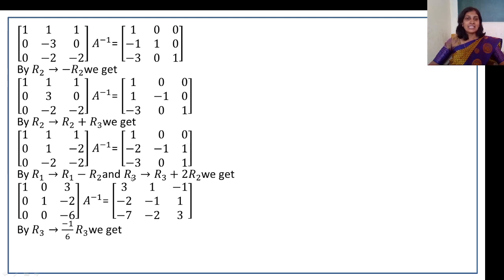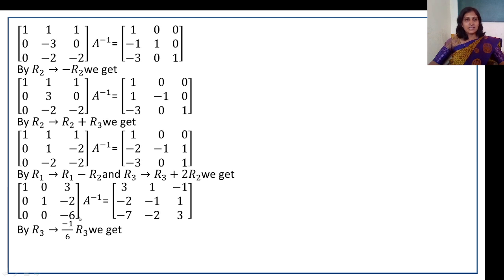Now what is R3? R3 is R3 plus 2R1. R3 is minus 2 into 2R2, that is minus 2 2 0, minus 2, and here is plus 4, that is minus 2, here is minus 4, that is minus 6. Then minus 3, and here is minus 4, that is minus 7, 0 and minus 2, that is minus 2, and here 3, here is 1 and plus 2, that is 3.